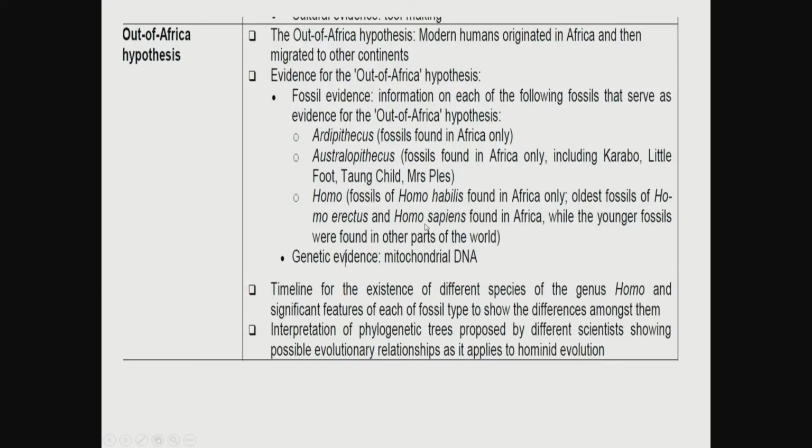So it sounds like a lot of information, but here we are referring to Homos. And when we refer to Homos, we said Homo habilis was found in Africa only. Homo habilis wasn't found in other parts of the world. Homo erectus and Homo sapiens were found in Africa, but the oldest ones, while the younger fossils were found in other parts of the world.